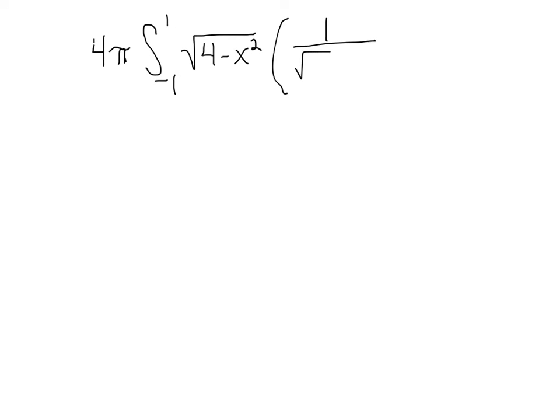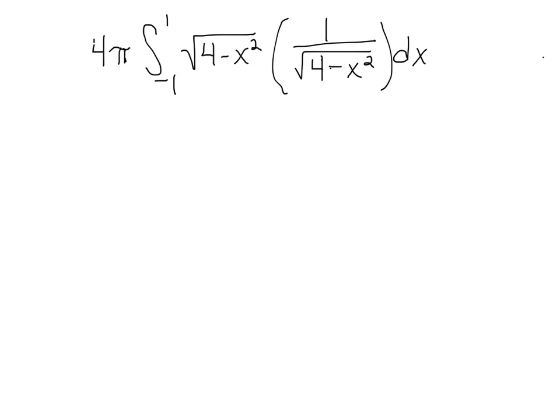That is now 4 pi times the integral from -1 to 1 of the square root of 4 minus x squared times 1 over the square root of 4 minus x squared, dx.